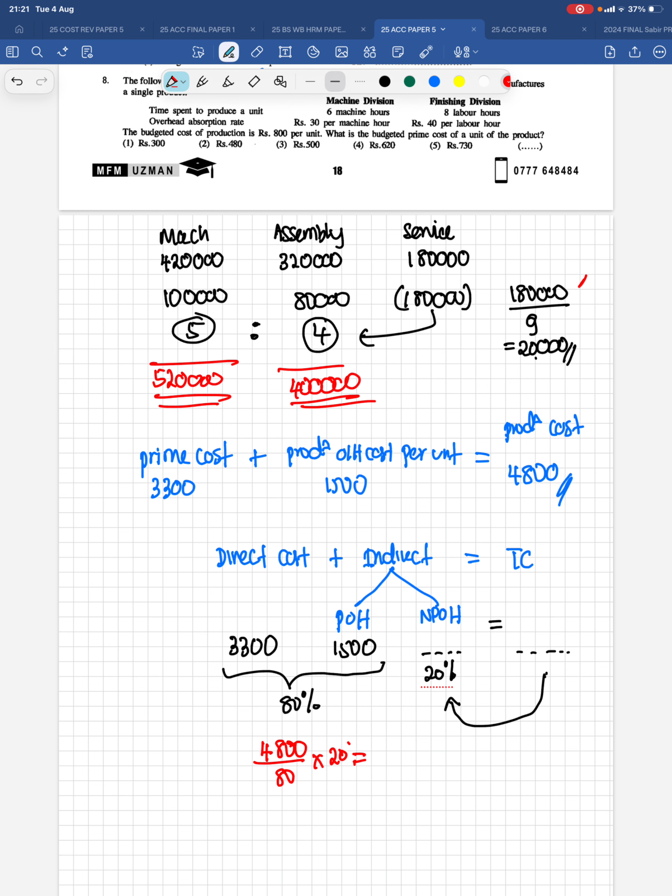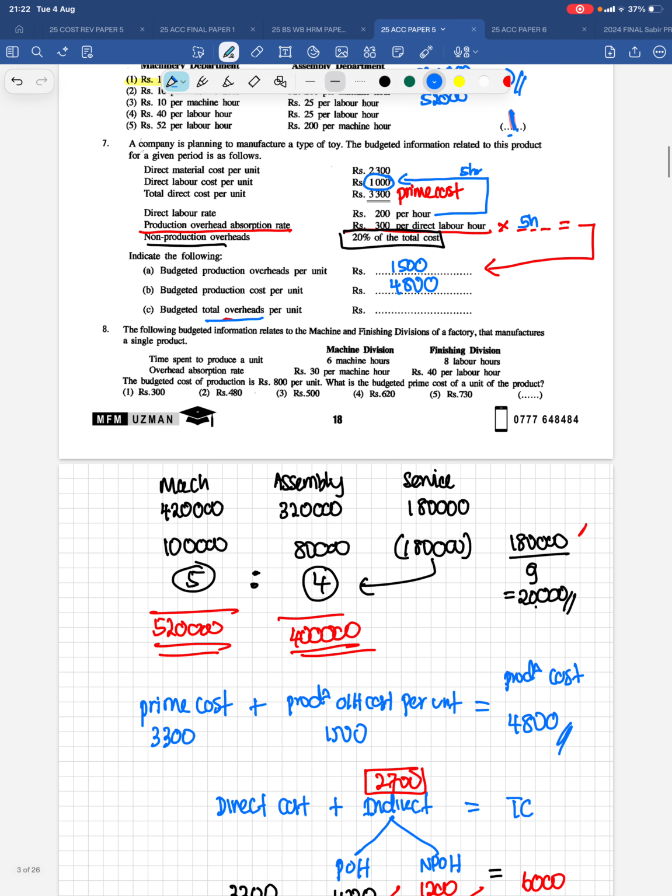If I calculate, it's 1,200. So if this is 1,200, the total will be 6,000. However, the question asks to calculate the total overhead, which is 1,500 and 1,200, that is 2,700. So the answer here would be 2,700.